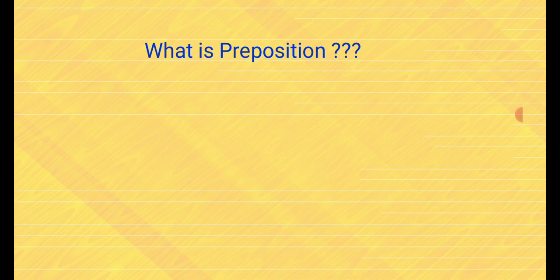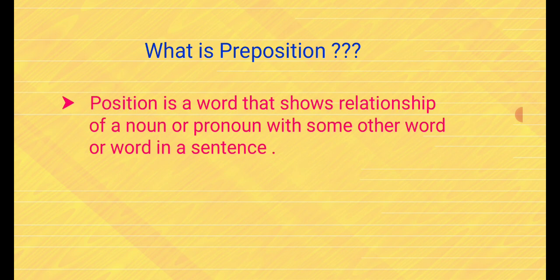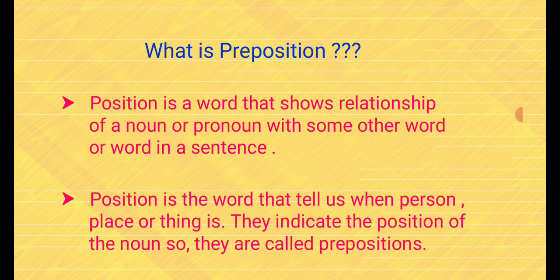Now you have a question: what is a preposition? I know that you already learnt about the preposition in your previous year. Let's see what the preposition is. A preposition is a word that shows the relationship of a noun or pronoun with some other word in the same sentence. Or we can say that it tells us the position of the person, place or thing.